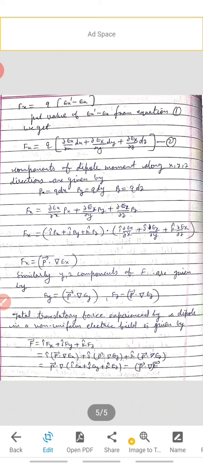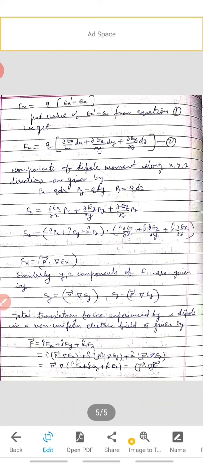Put the values of Fx, Fy, Fz in the above equation, then we get F is equals to i cap P dot del Ex plus j cap P dot del Ey plus k cap P dot del Ez.